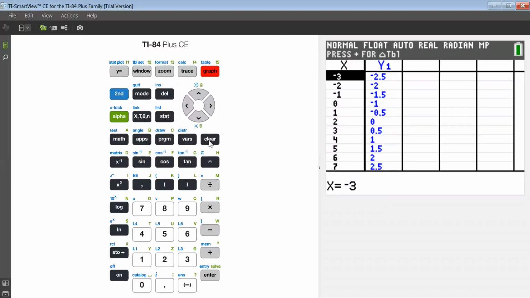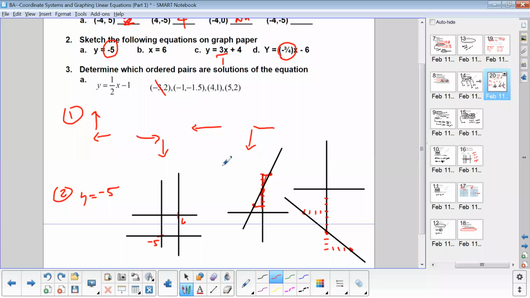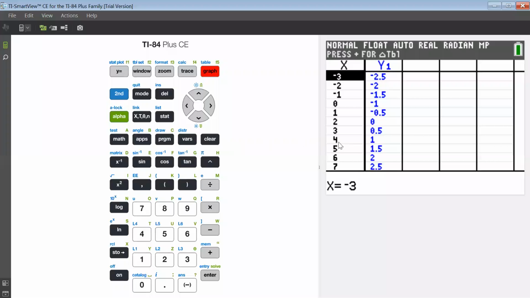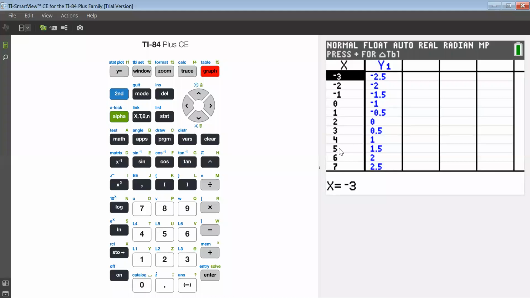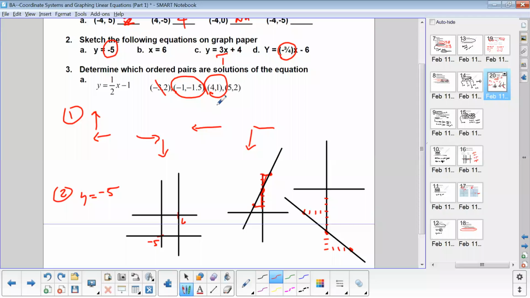That is a solution, so this one works. What about (4, 1)? I see (4, 1). That's a solution. And what about (5, 2)? I see (5, 1.5), so (5, 2) would not be a solution. So it would just be these two, (-1, -1.5) and (4, 1). Those would be your solutions.